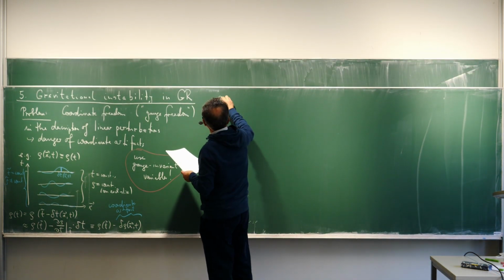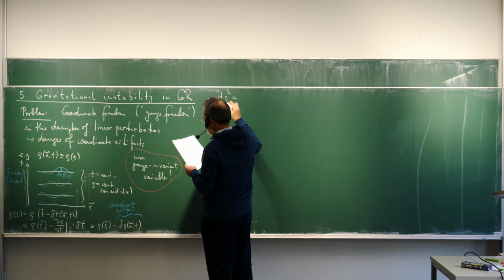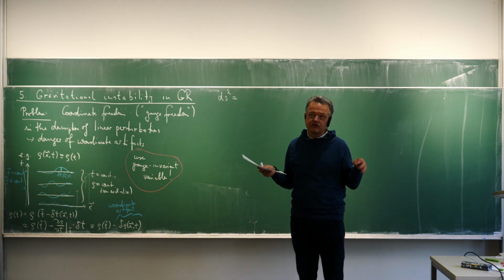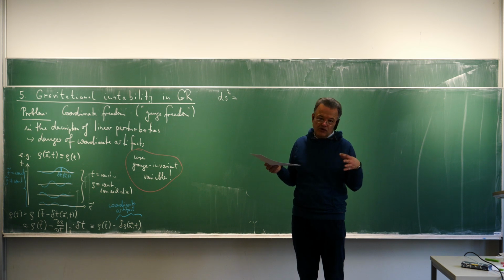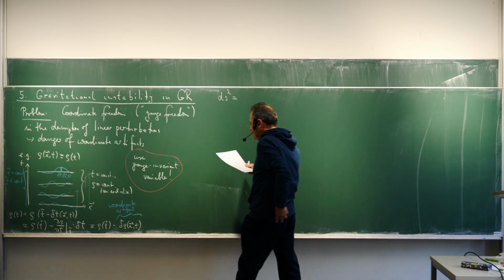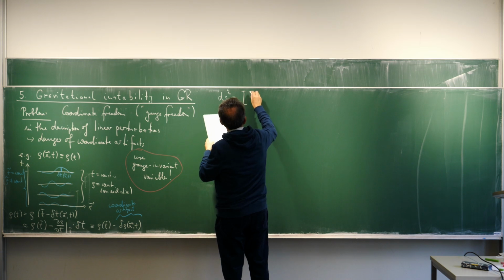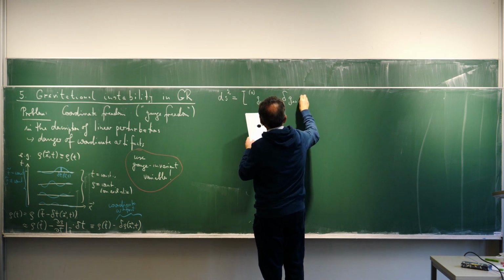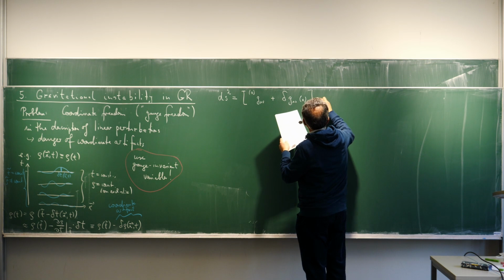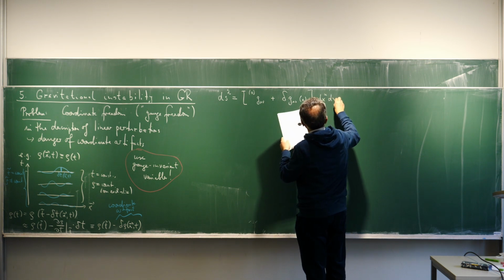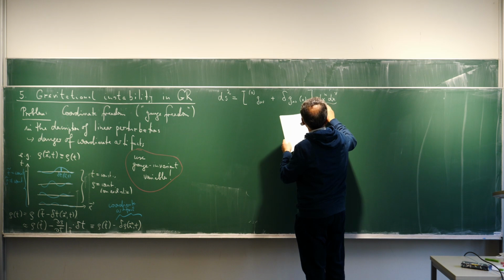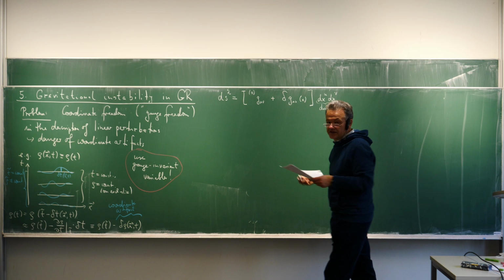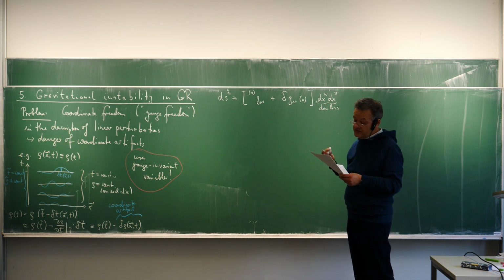Okay, so let us become more concrete. Let us make the following ansatz for the space-time metric. Let us make the ansatz that it's given by the Robertson-Walker line element plus small metric perturbations. So we have here the following notation: g mu nu 0 plus delta g mu nu of x, and we have dx mu dx nu, and we take these to be dimensionless and put the dimensions in the scale factor, the length dimension.